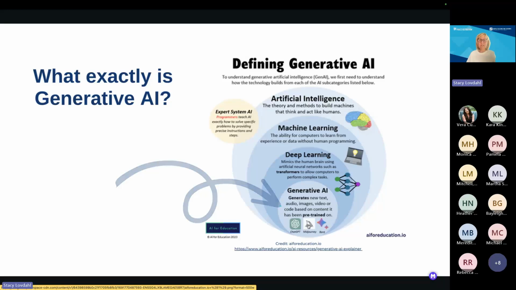I really love this graphic from AI for Education, where it shows Gen AI down here as this little subset within the whole field of artificial intelligence. And we talked about how these little graphics over here on the side are actually meaningful about the neural network, and how that's how it does what it does. We had a little conversation about that, and I let the kids talk with each other, because in this particular class they were sitting in groups.